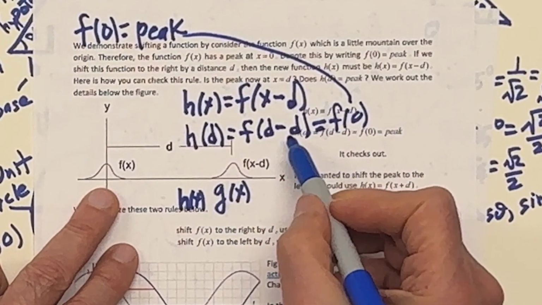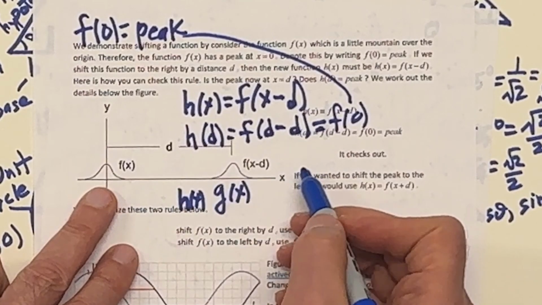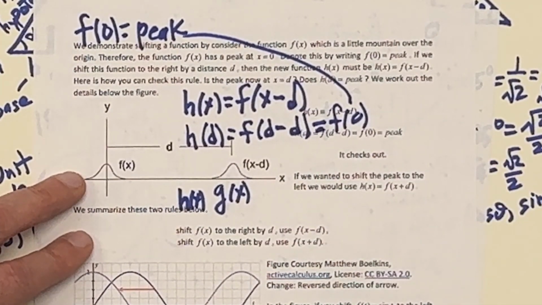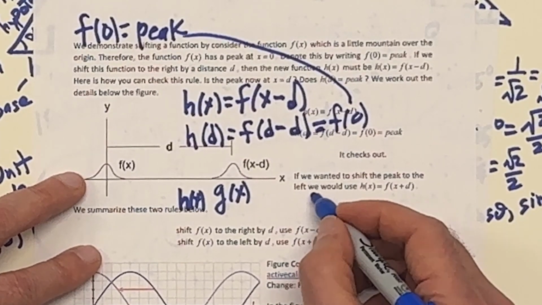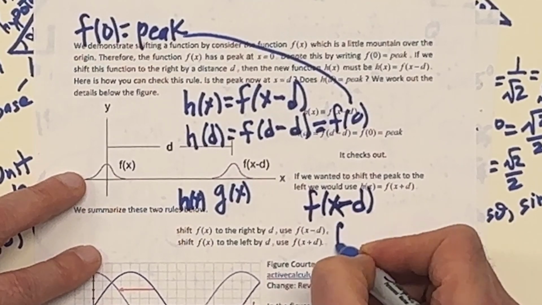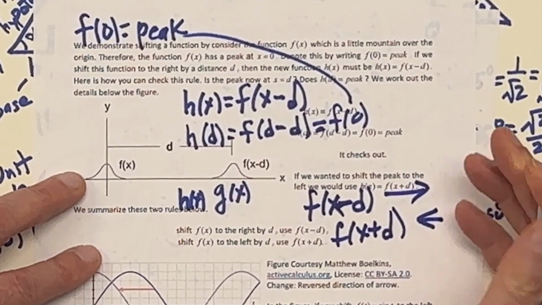That wouldn't work. But by putting x minus d, I shift to the right. So if you want to shift to the right, you put the minus d in. That's the general rule here: f of x minus d shifts to the right, and f of x plus d shifts to the left.